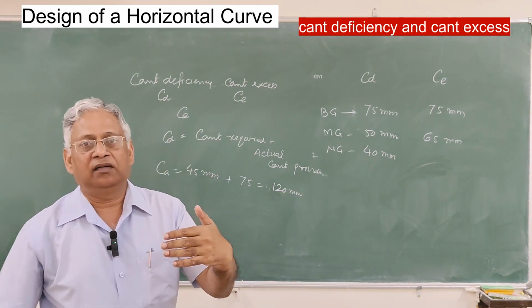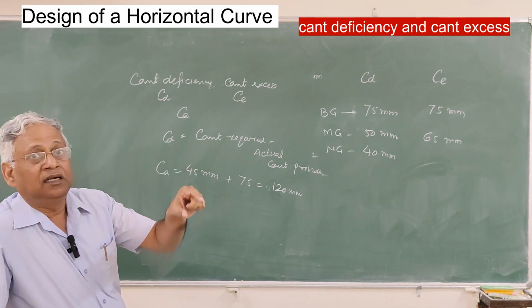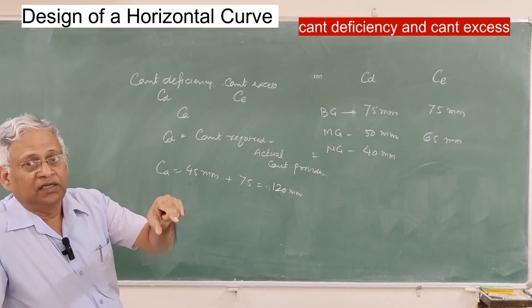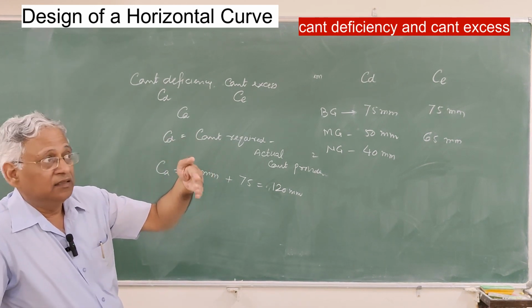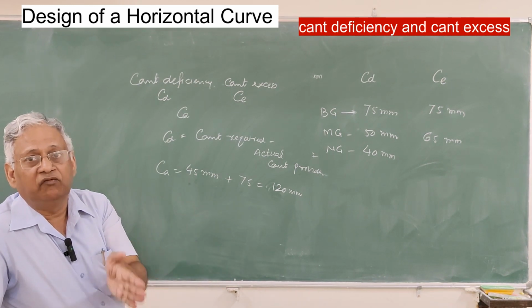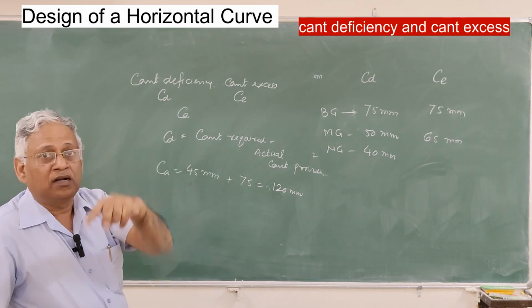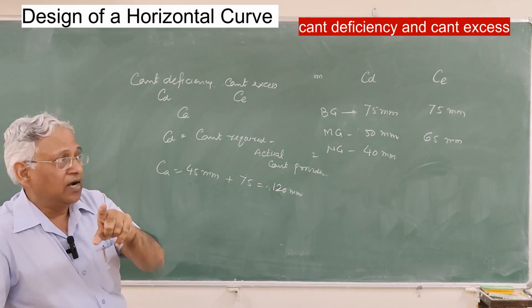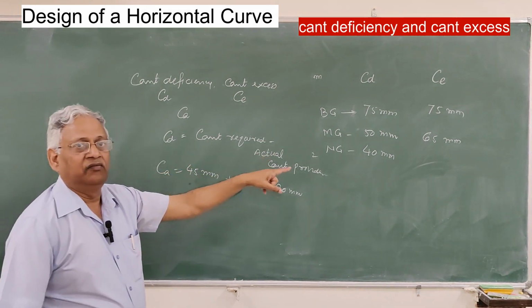W sine alpha will remain unbalanced. And the impact of this is the tilt of the vehicle. Now, if this tilt is in excess, then the center of gravity line may fall outside the base of the wheel, and that can create a situation of overturning of the vehicle. So, to safeguard, these upper limits are specified in Indian Railways.